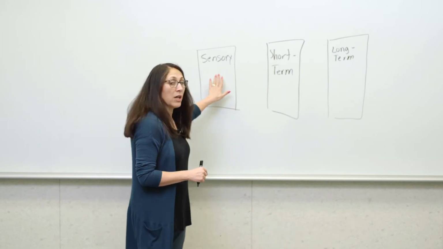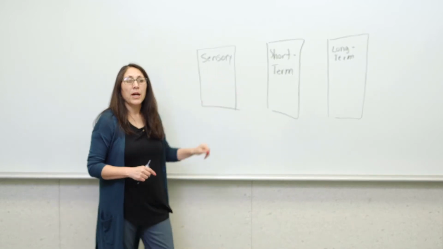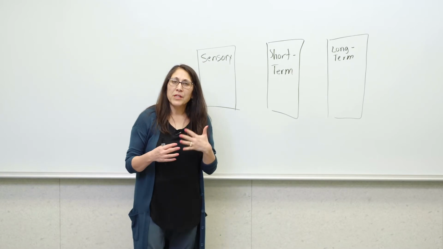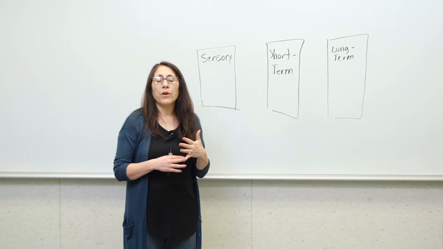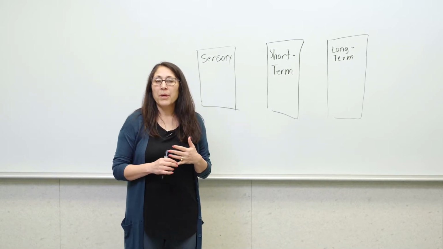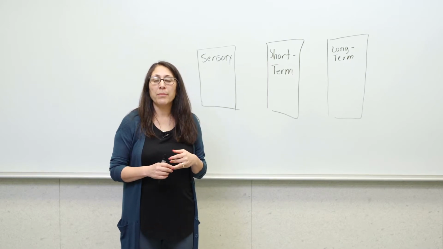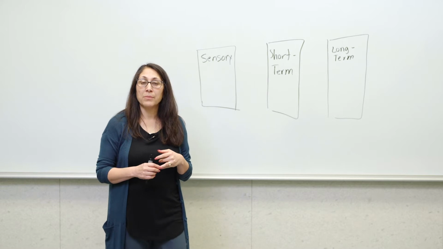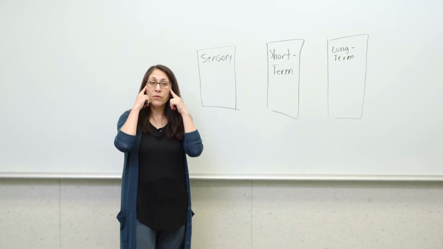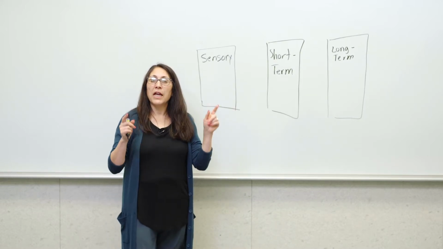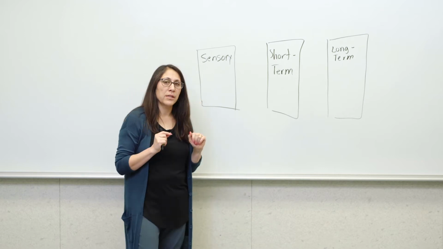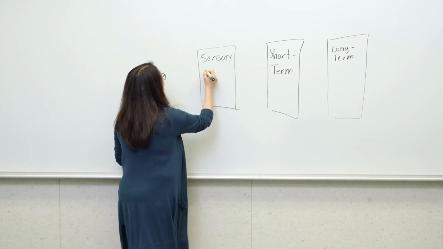So first of all, I want to talk about sensory memory. We have sensory memory for all of our sensory systems, but mostly only what we call iconic and echoic memory has been studied. Iconic is our visual sensory memory. Echoic is our auditory sensory memory.